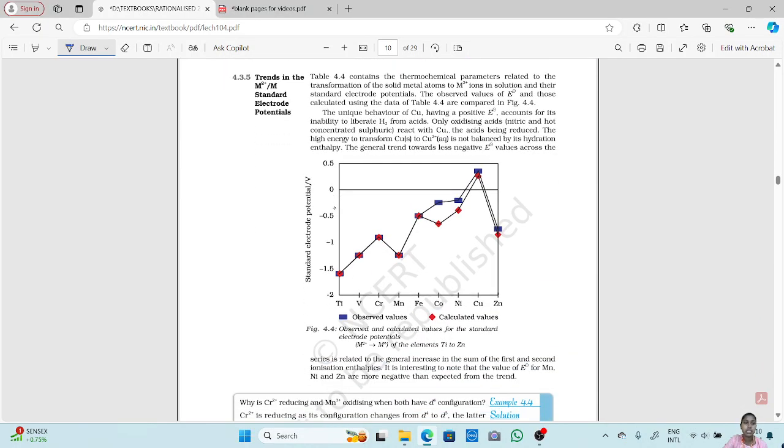now the trends in the standard electrode potential is basically the thermochemical parameter which is related to the transformation of solid metals into M2+ ions in the solution, and their standard electrode potential. Now here we calculate the E naught values, that is the electrode potential values. For example, copper.